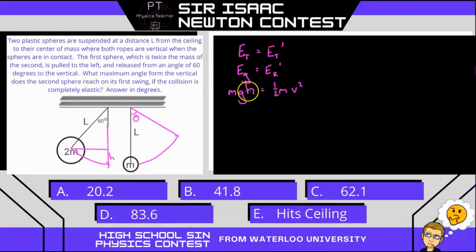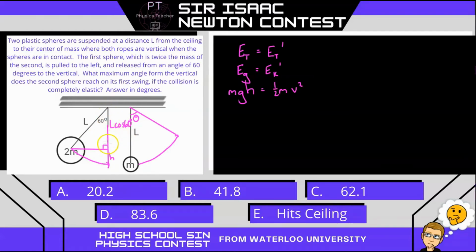So what's this height? Well, let's analyze this triangle right here. This is a right angle triangle. And we can see if this length is L, this length here will be L cos 60 degrees. That's just using our SOHCAHTOA, or our trigonometric ratios. And what else do we know?